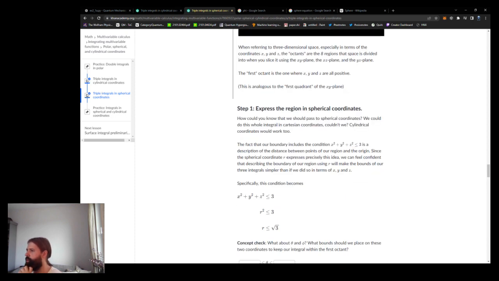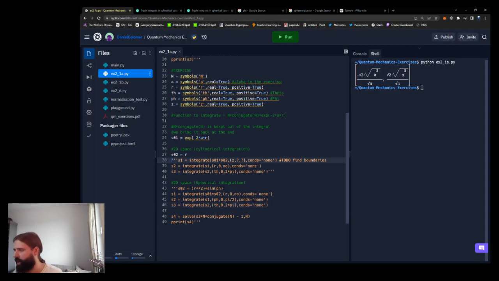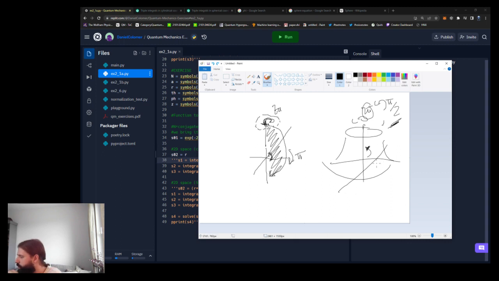So yeah, basically, I'm missing something here, but I think I'm almost there. I have almost a feeling this is going to work out if I find the right boundaries. Given a specific R, what are the Z boundaries, right?